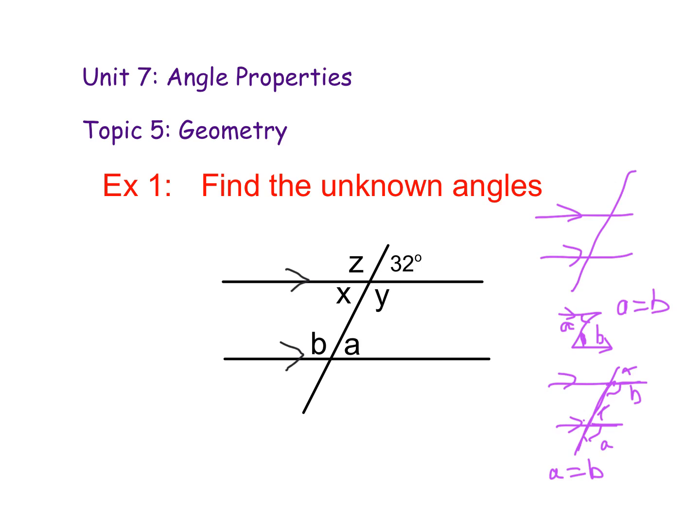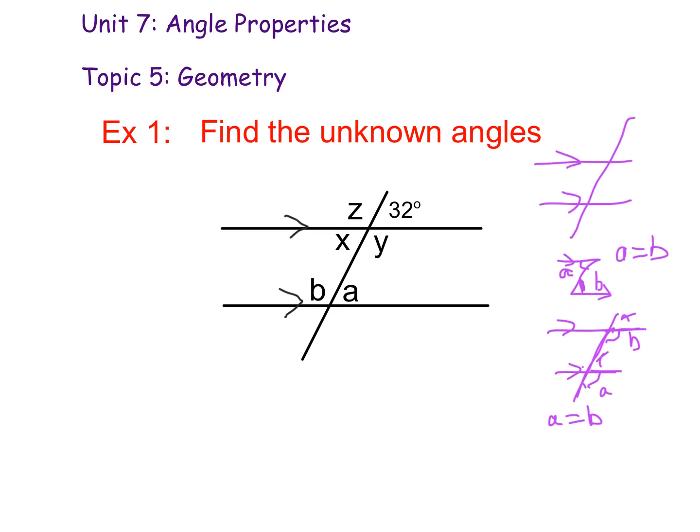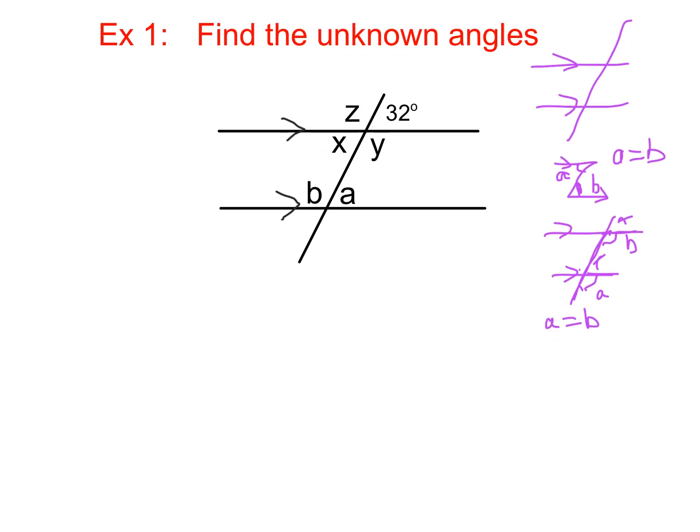There's one more angle property with parallel lines, and that's the C pattern, but we don't use the C pattern very much. The C pattern is the letter C, and if we have an angle here, and call that A, and an angle here, and call that B, then A plus B always adds up to 180 degrees.